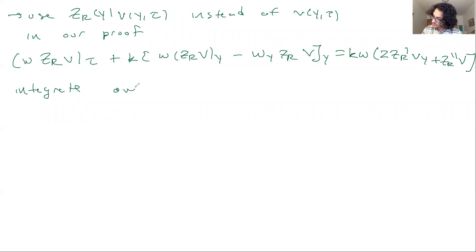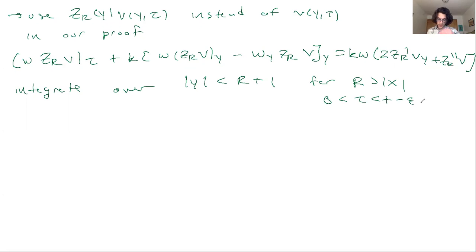Integrate over where U has support, R plus 1 for R greater than the absolute value of X, and for tau between 0 and T minus epsilon, okay?